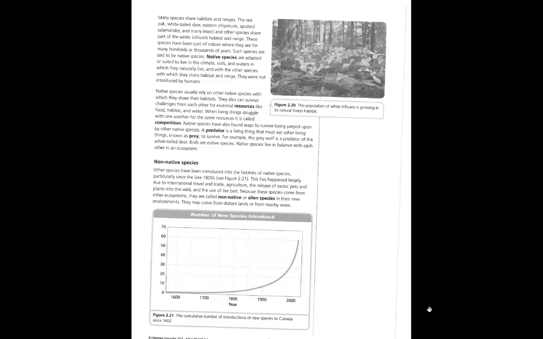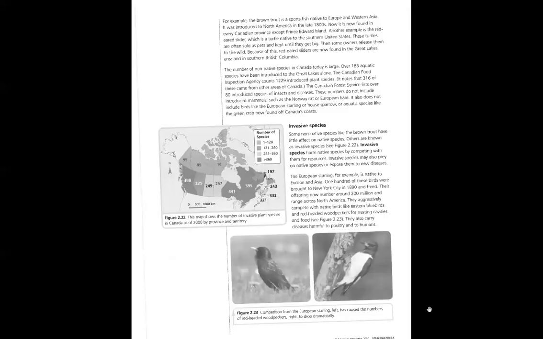We talked about competition for resources, predator and prey relationships, and then we looked at non-native species and alien species and how if these are species that are living in an ecosystem where they weren't originally found, and now they're there.